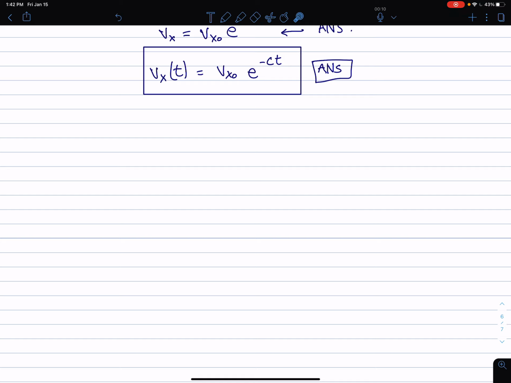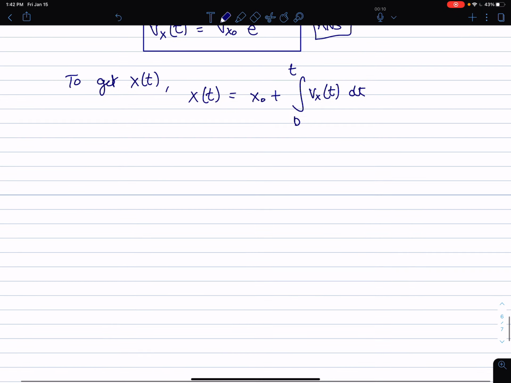To get position x of t, we just go x of t equals x naught plus the integral. This is now a function of time, so it's just the integral of v of t. We can do t naught, but we just set t naught as 0, so it's just that. So we can do the integral directly: vx naught e to the power minus ct dt.